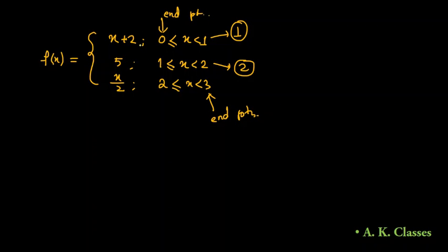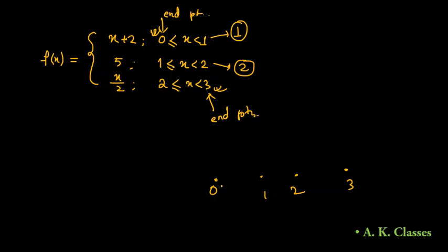Because this function starts from 0 and ends at 3, and within 0 and 3 there are two more numbers, 1 and 2, and at these points 1 and 2 the function changes its value.